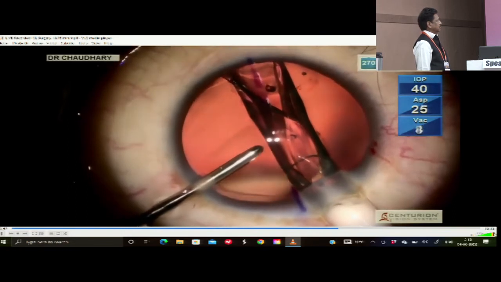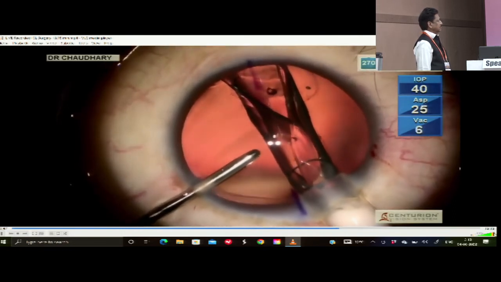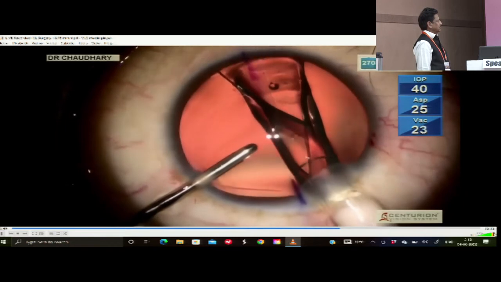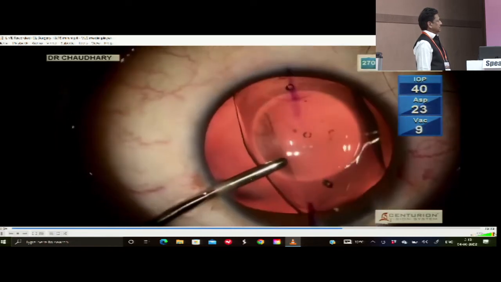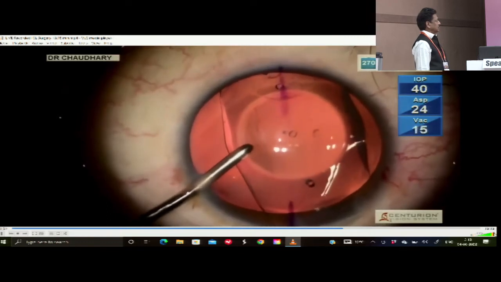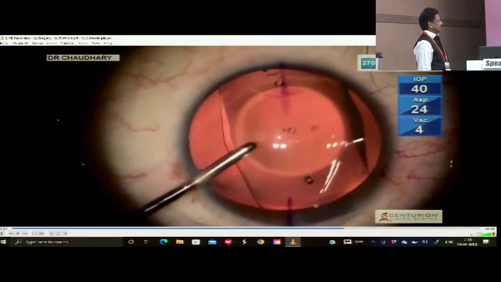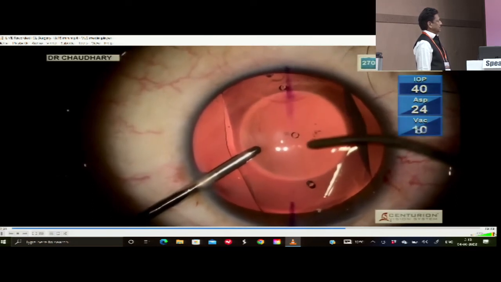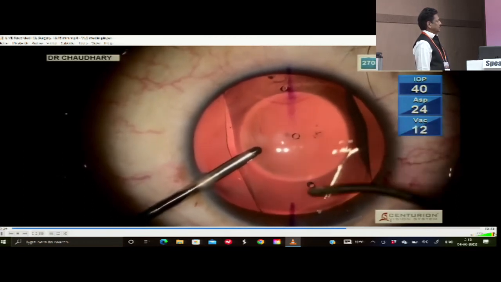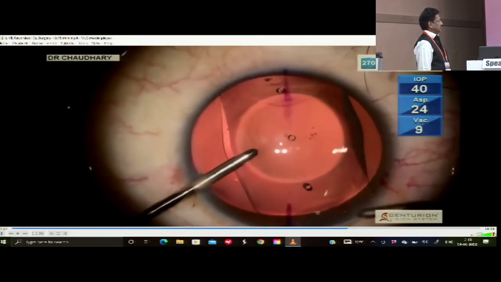Yeah, so you see it opening out, this is how it should open. It's about 2/3 in or 3/4 in, then you can let it open slowly, and the ICL is in position, right? Now you can see a central hole. You can see the axis mark. There is one axis mark here, one axis mark here.